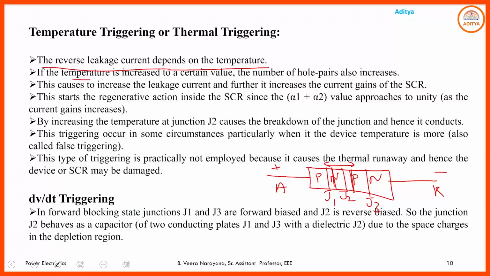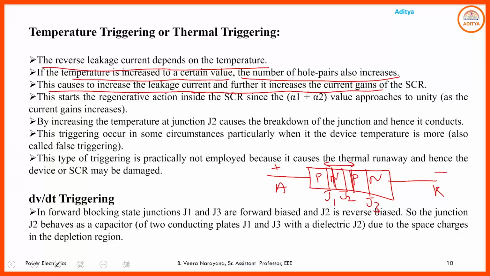If the temperature is increased to a certain value, the number of electron-hole pairs also increases at the junction J2. That increases the leakage current and further increases the current gains of the SCR. If the current gains alpha 1 plus alpha 2 approach unity, then a high amount of current flows through the SCR, which may damage it.